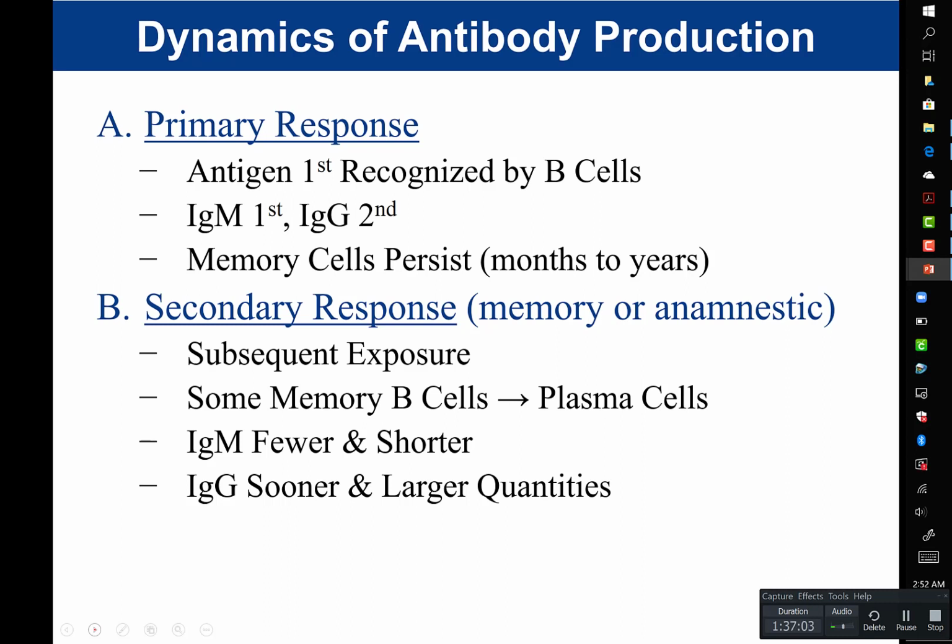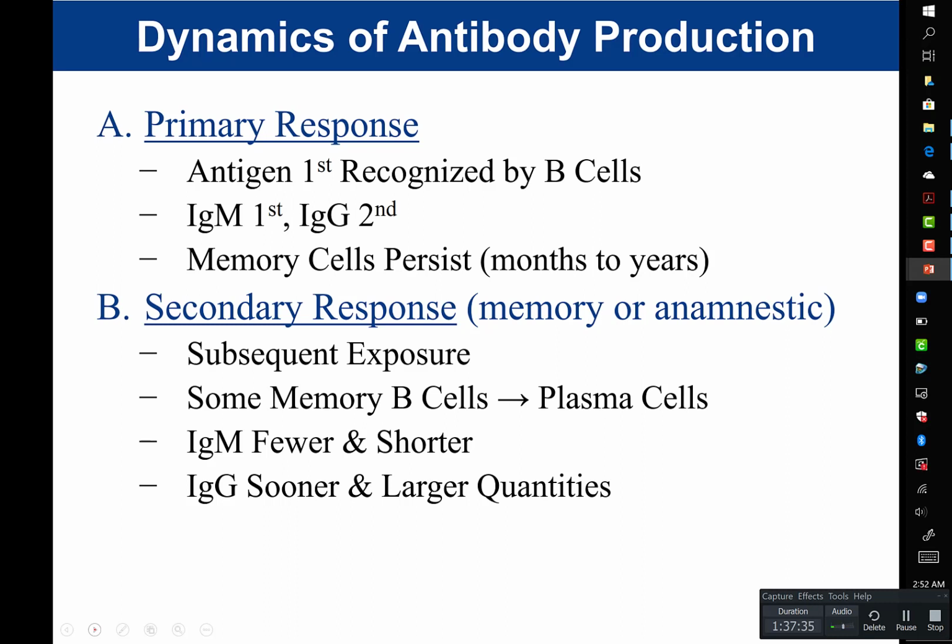In terms of the immunoglobulins, or the antibodies, that are going to be produced, IgM, which is a type of immunoglobulin, is produced first, followed by IgG second. And when we have this primary response, we get these memory cells that persist for months to years. Depends on the antigen. Certain memory cells persist longer than others.